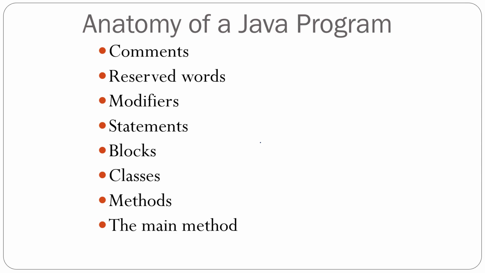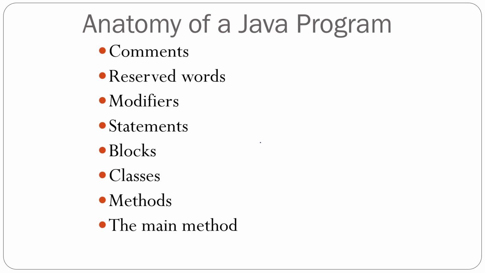These reserved words are keywords like class, public, static, void, main. We will see a lot of reserved words. We should understand what these reserved words are for, and we should avoid using them for our own variables that we will be creating in future.